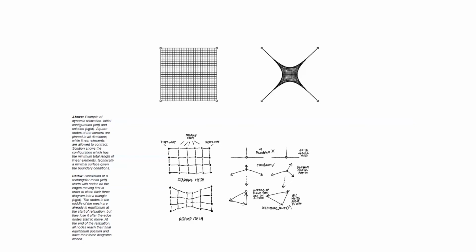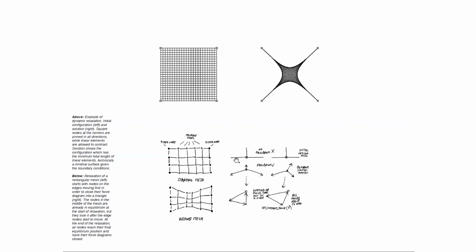You look at the node, you look at all the forces that act on it, and then you arrange these forces in a loop, and then the triangle needs to be closed. If the triangle is closed, that means this force diagram is closed. That means the node does not move. This node is in static equilibrium.